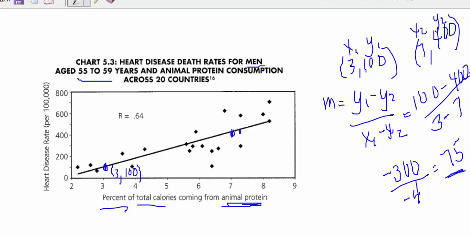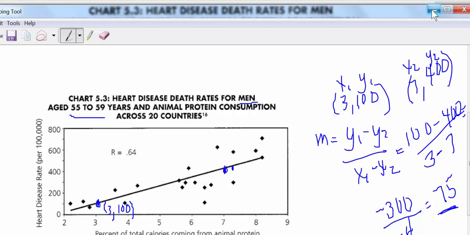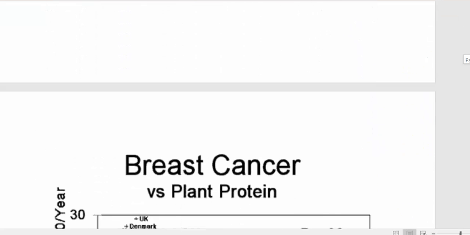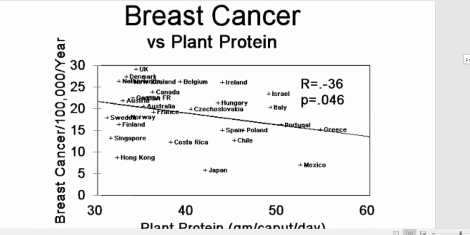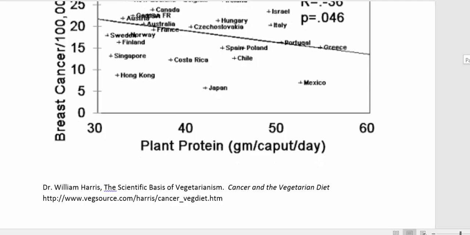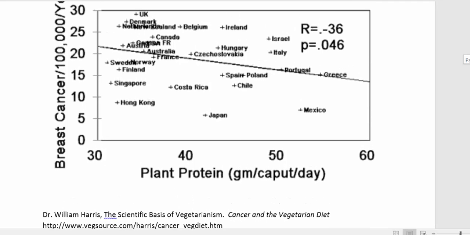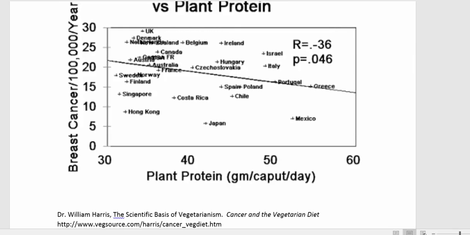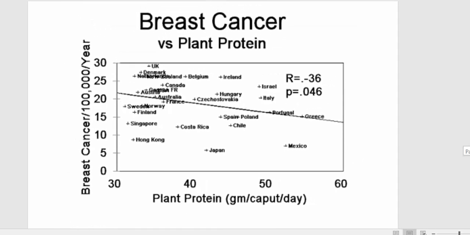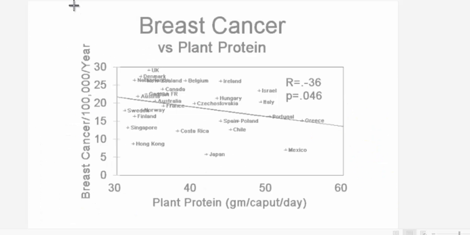Now the second one that we're going to look at. This one was off of a site called the Scientific Basis of Vegetarianism. Let me make it a little bit smaller so it fits, and I'll do a screenshot of it so I can write on it.